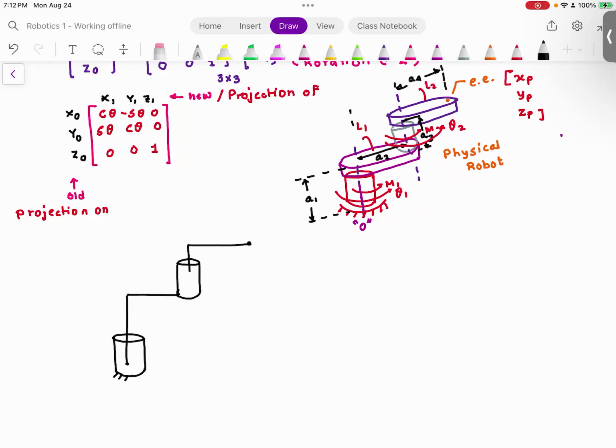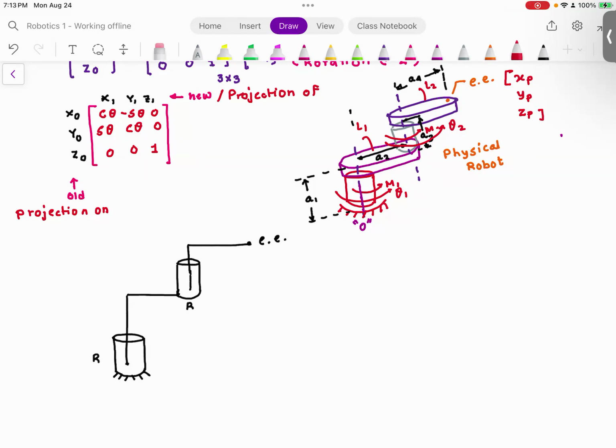This is the first revolute joint, this is the second revolute joint, and this is the end effector. You agree with me? This is the simple kinematic representation of the physical robot.